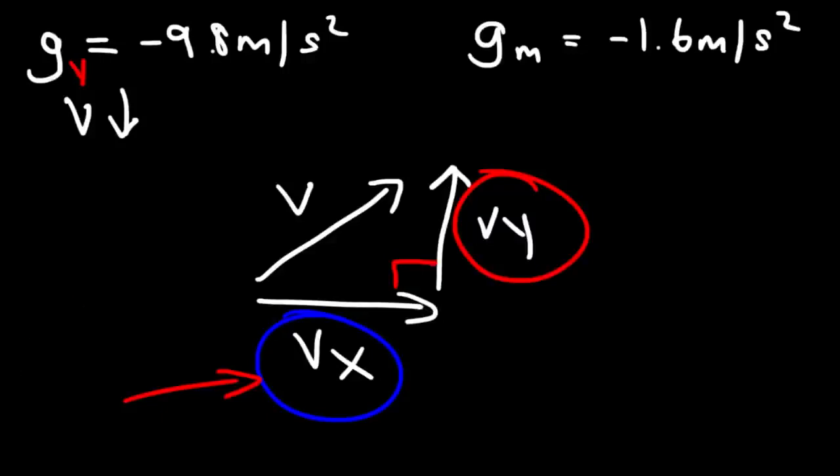It doesn't affect the horizontal velocity, it affects the vertical velocity. So make sure you understand that. Now let's use an example to help us understand Gy. Sometimes it could be written as Ay. So Ay and G are basically the same. It's negative 9.8.